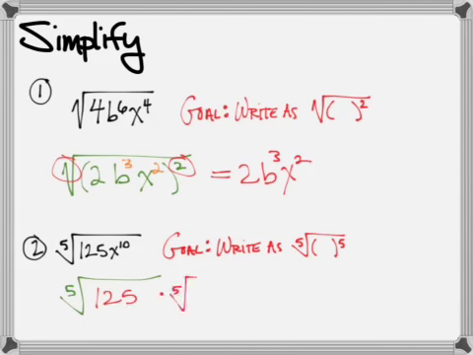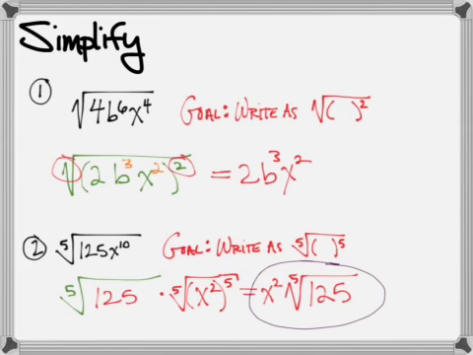So if I expand everything, with the first one I got it into the form of a square root of something squared. 4 is 2 squared, b to the 6th is b cubed squared, and x to the 4th is x squared squared. Those two operations undo each other, and I'm left with 2b to the 3rd x squared.